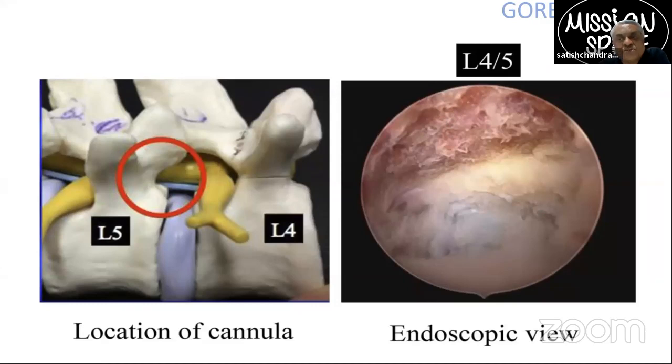In the case of endoscopy, we put our cannula here and we take out this upper part, that is, we drill on the SAP. But let me tell you, this is not enough for stenosis, because the ligamentum flavum is still lying inside and it is lying more towards the lower part of the foramen.